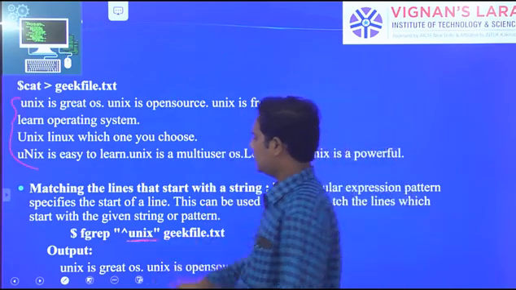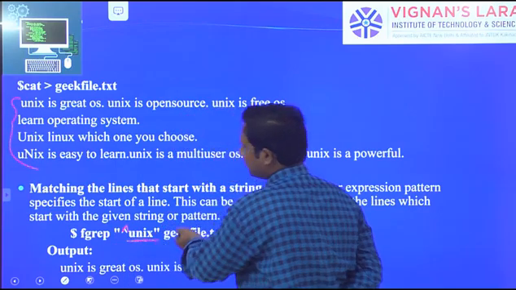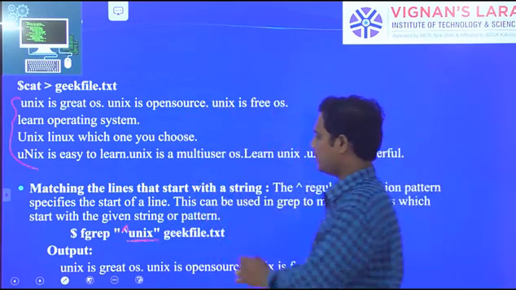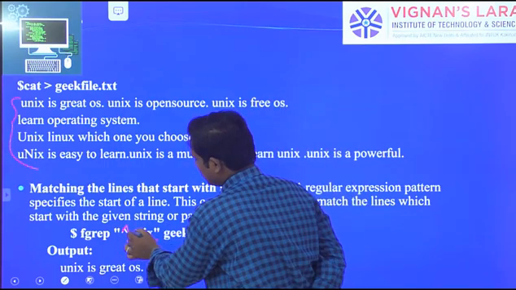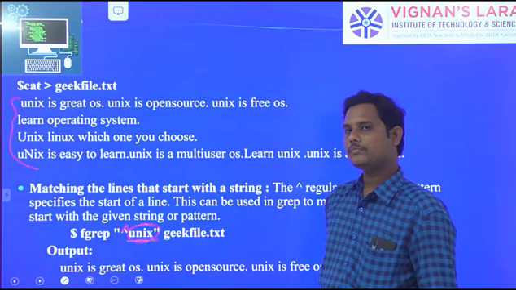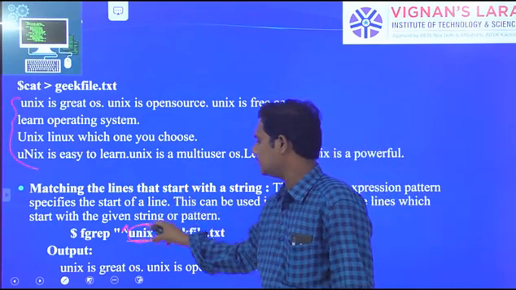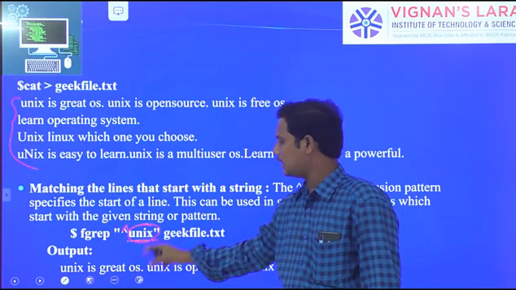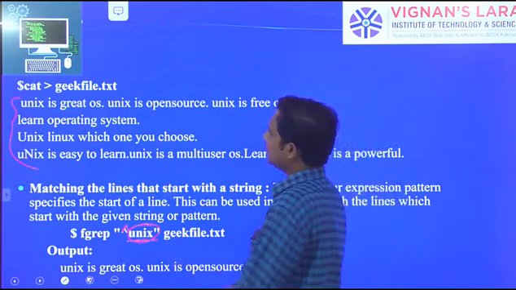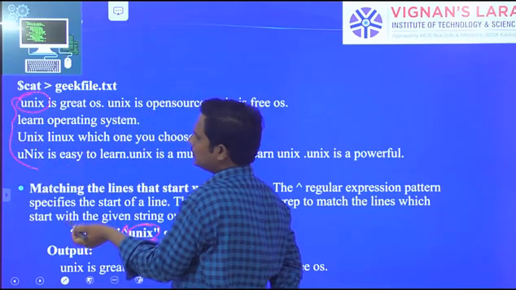You can see the fgrep option, the caret. If you are not using the caret, it will not display only those lines. If you use the caret symbol, only the starting lines are displayed. The caret symbol means the pattern must be at the start of the line. Here Unix is at the start, but in another place Unix is also there.